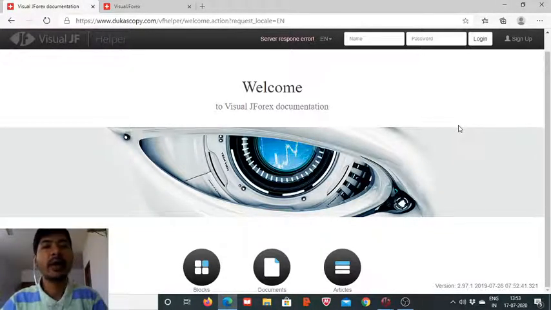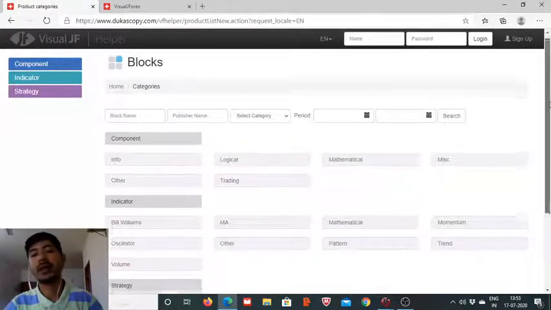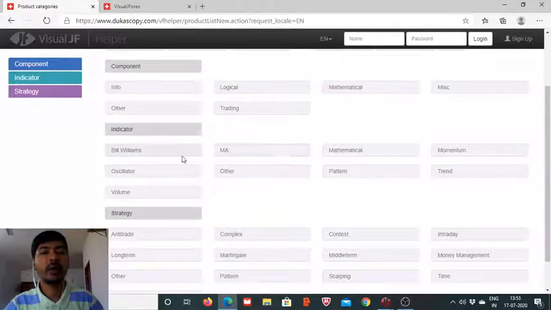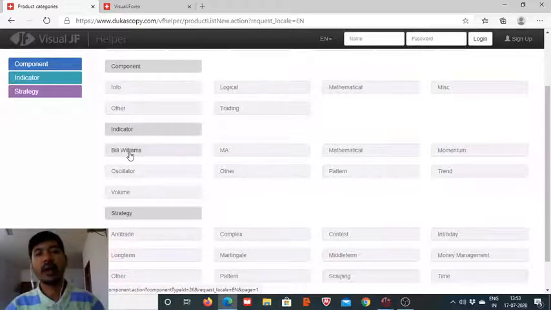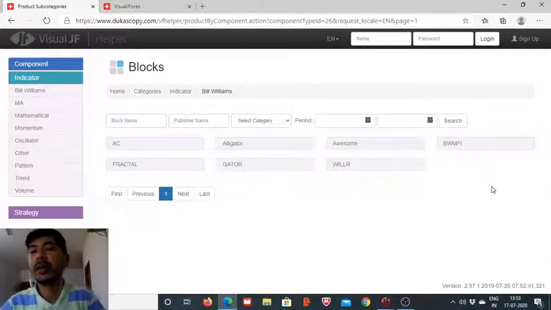Myself, Vaibhav. In today's session of Visual JForex, we will be considering the BWMFI, which is the Market Facilitation Index, developed by Bill Williams. We are doing the indicator series developed by Bill Williams. In today's session, we will consider the functions and the basic technical description and how it is going to help us in determining the trend and the strength of the technical trend in any instrument.